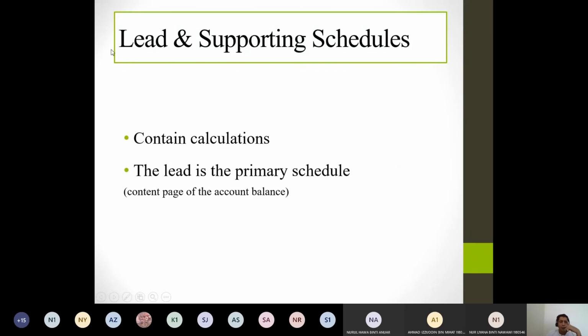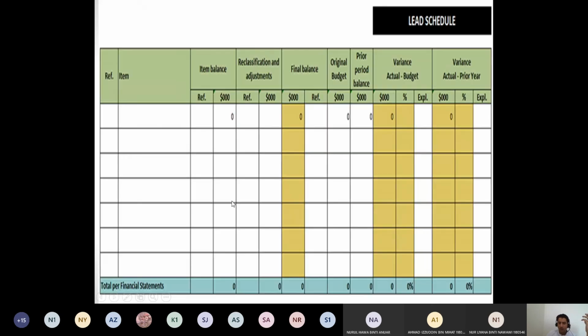Then we have leading and support schedules. It contains the calculation, and it contains the lead. The lead is the primary schedule containing the page of the account balance, and this is one example of a lead schedule.